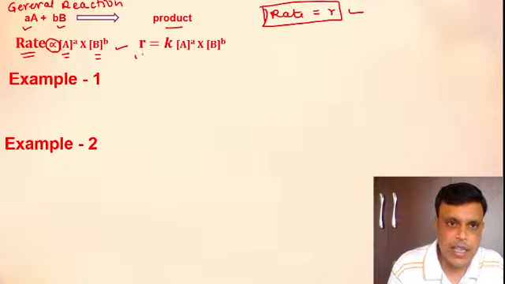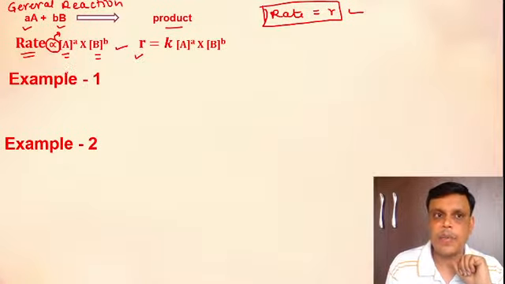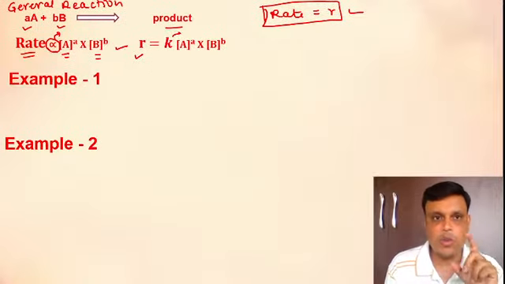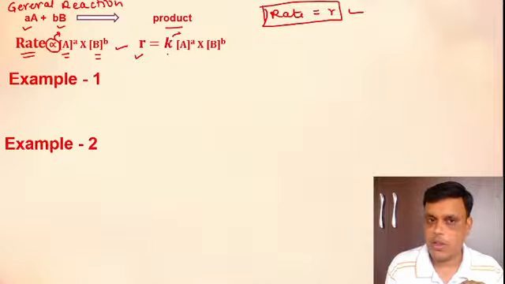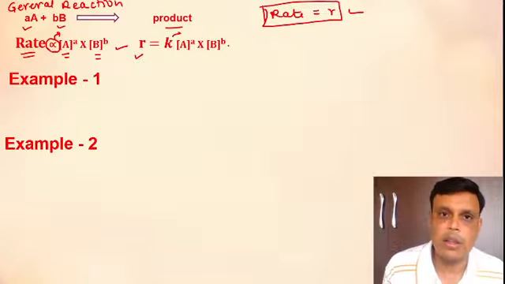So r is equal to, to remove this proportionality sign I have to put the proportionality constant k. So r is equal to k into the molar concentration of A into the molar concentration of B, with the stoichiometric amounts at the power side.